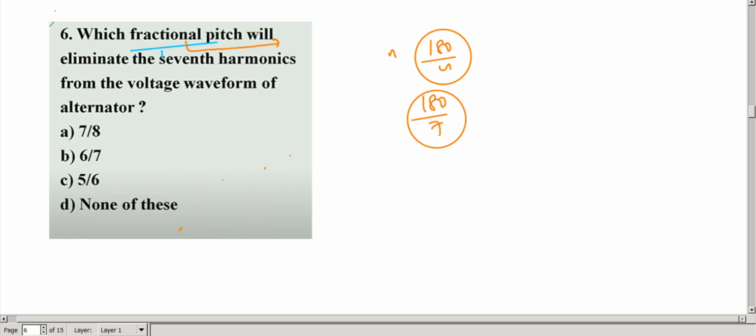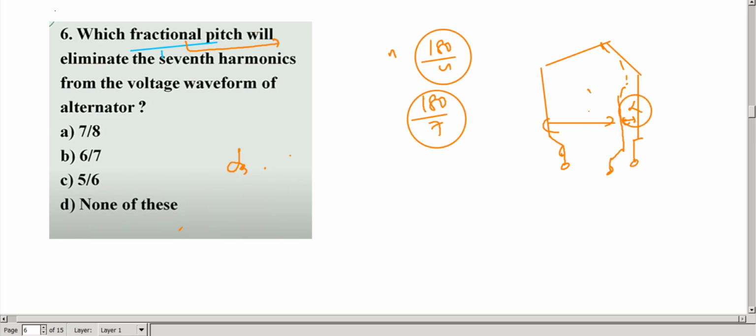You don't have 180 by 7 here. The option here is the coil span equal to full pole pitch, which is a full pitch winding. So if it is short pitched, this is a short pitch angle, or fractional pitch, to eliminate the 7th harmonic.